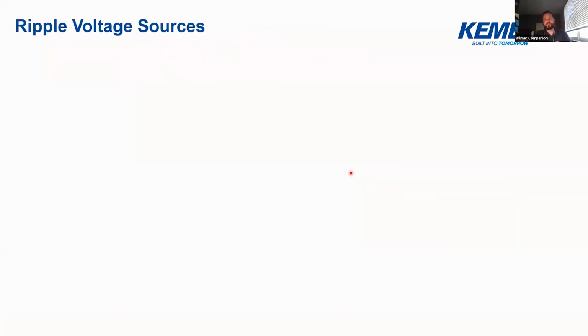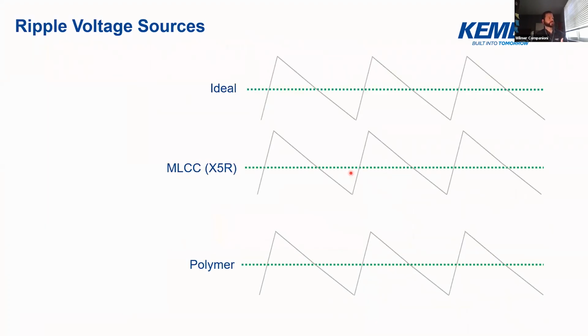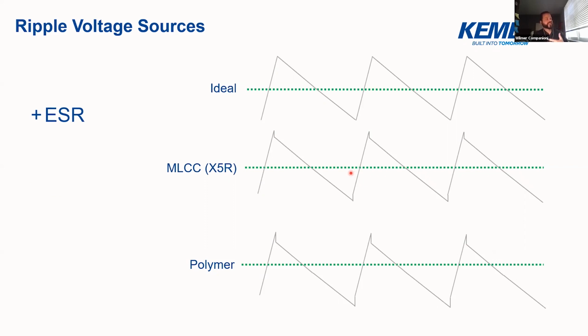So the output ripple voltage is affected by many capacitor factors. At the top of the chart, we have what is a somewhat ideal or close to ideal output ripple voltage. And that ripple voltage will always be there as a function of the switching element of this regulator. And then as we start to introduce an effect such as ESR, we see that impacts an MLCC and X5R choice a bit differently than how it impacts a polymer capacitor choice.